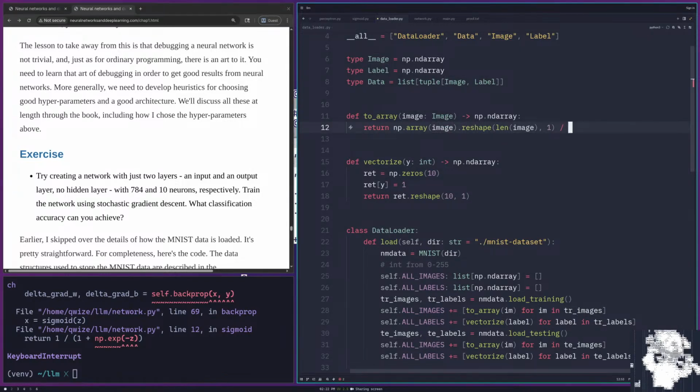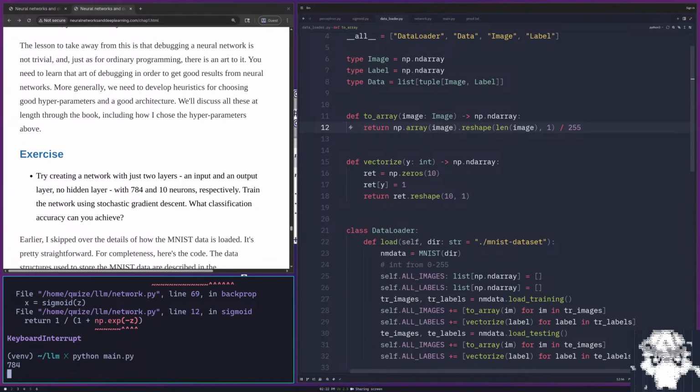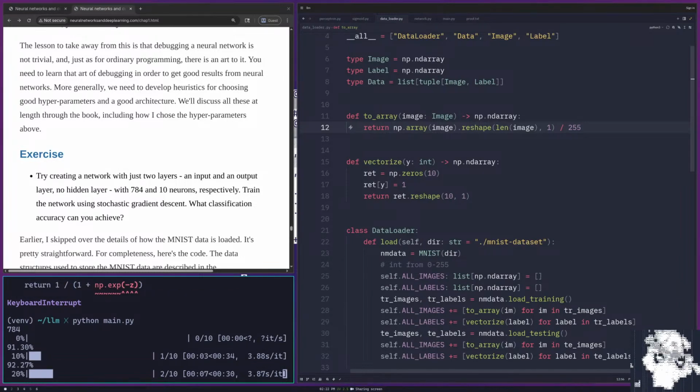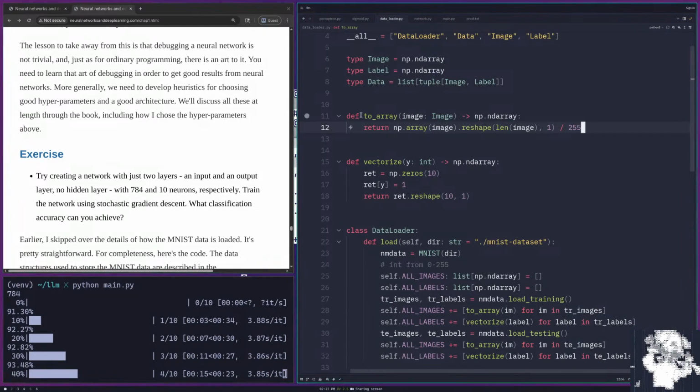So you just divide that by 255, right? No way, that was actually it. Okay. Wow. Why would that matter?